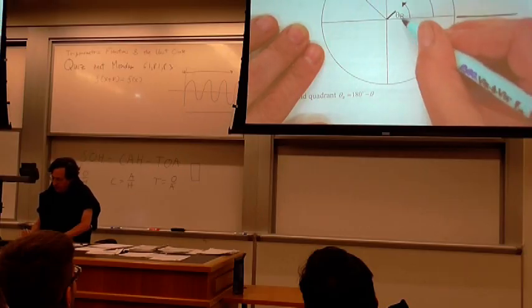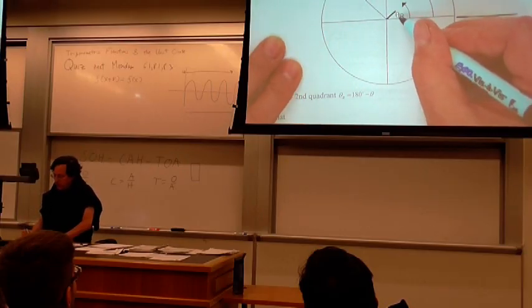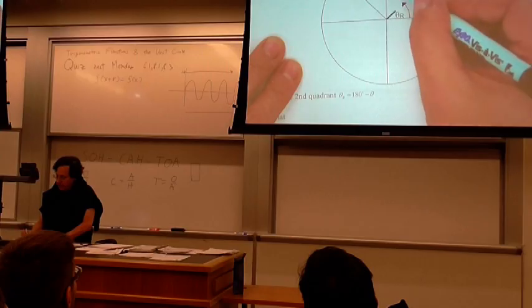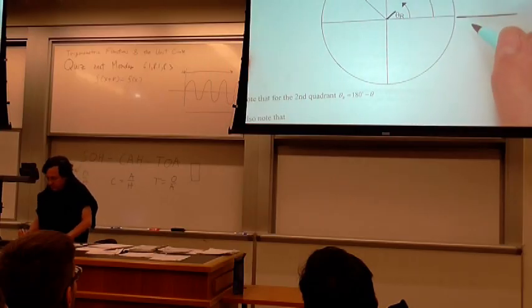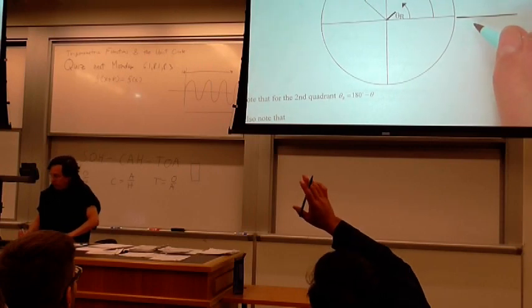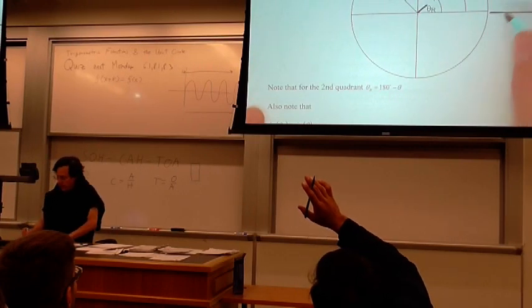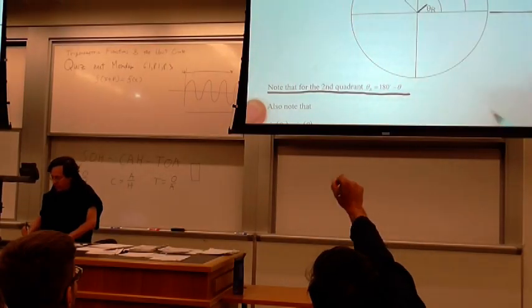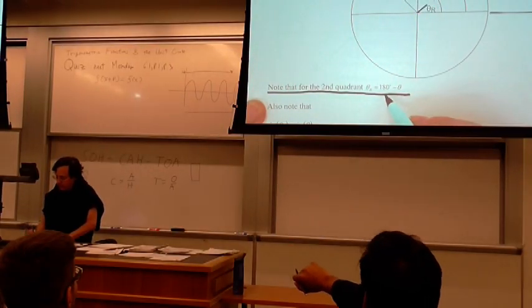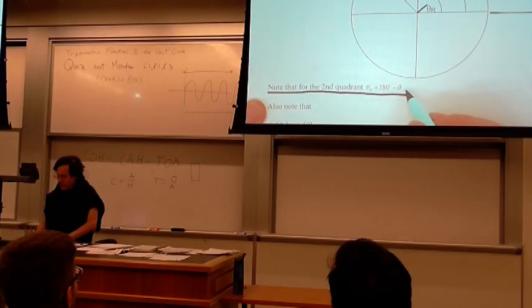That gives us our reference angle. I'm going to refer to these angles as theta and theta r, being the reference angle. You might want to note that for an angle in the second quadrant, its reference angle is always just 180 minus theta.